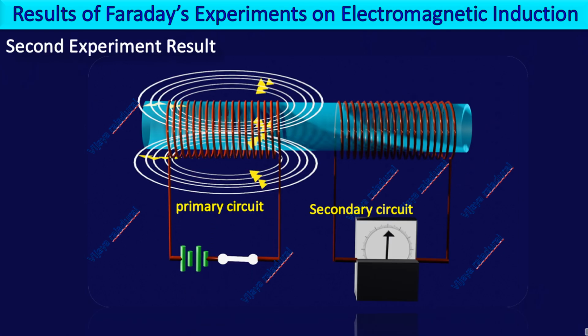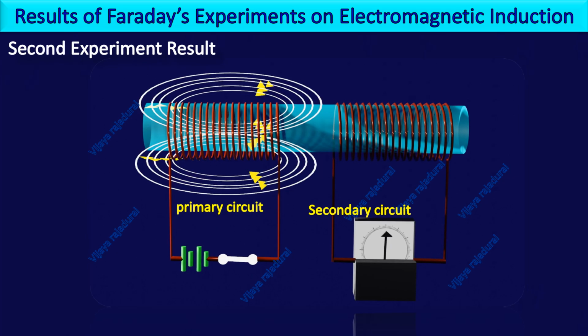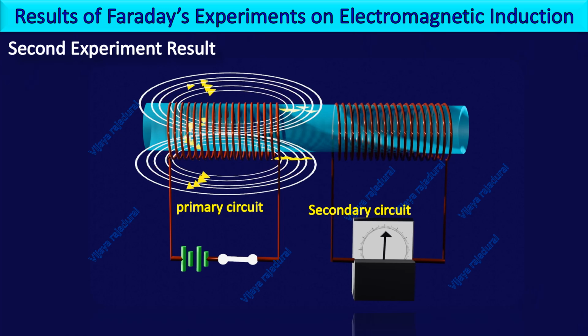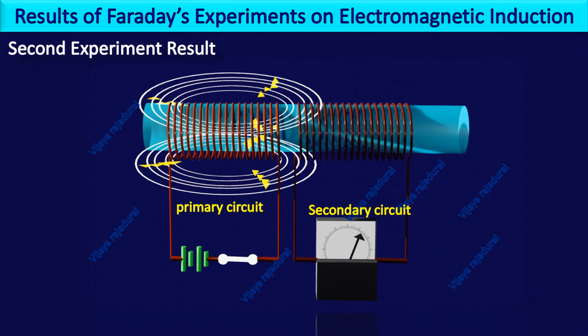In the second experiment, when the primary circuit is closed, magnetic field lines are produced around the primary coil. When the secondary coil is moved towards the primary coil, magnetic flux is increased in the secondary coil.